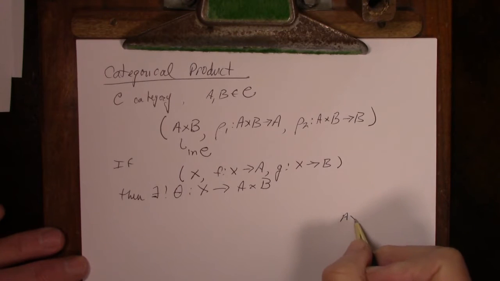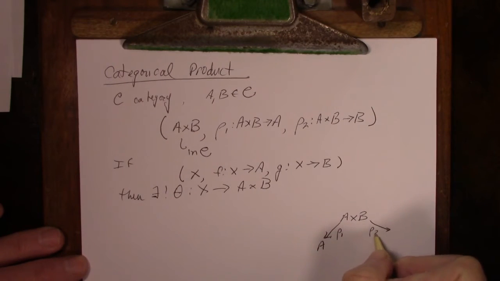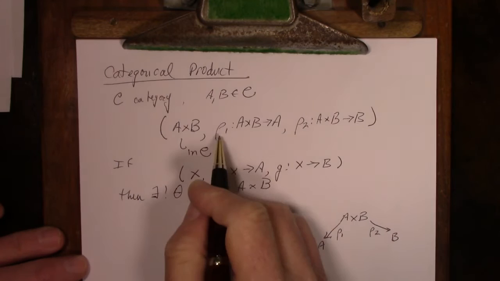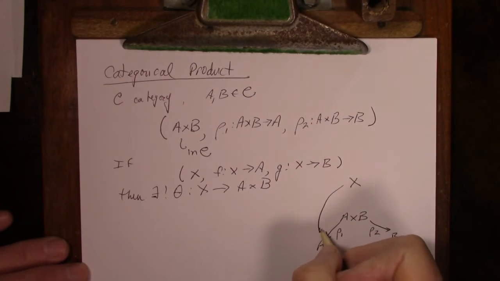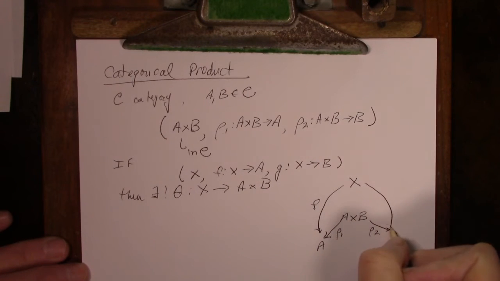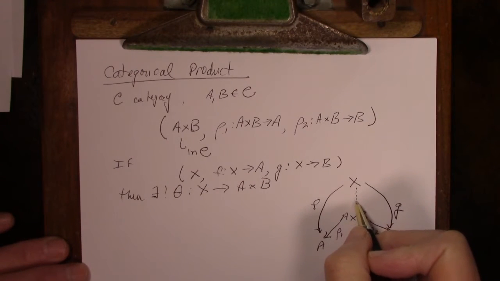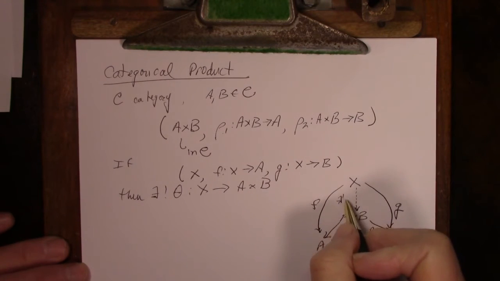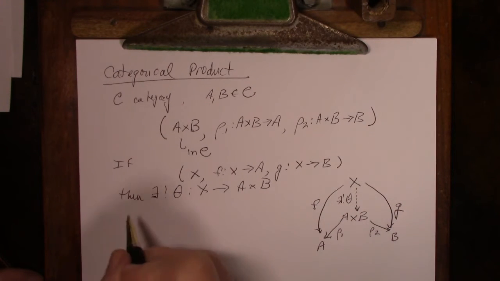Here is A cross B, projection, projection. These are called the projection maps. X, F, and G. There exists a unique morphism theta from X to A cross B with the property that this diagram commutes.